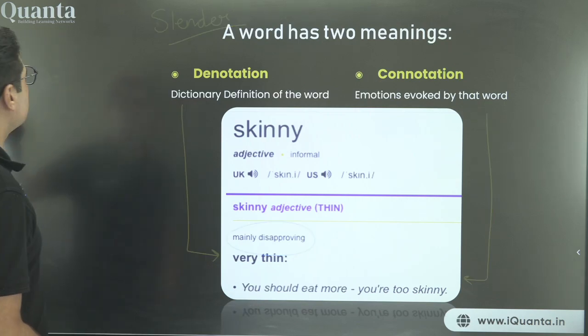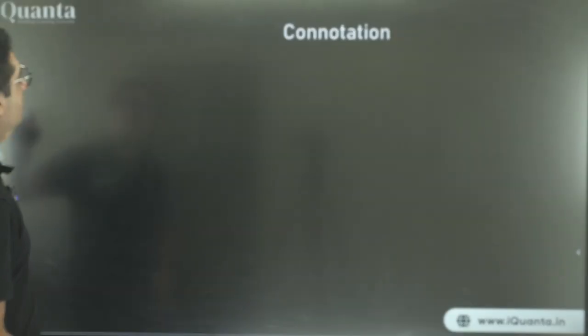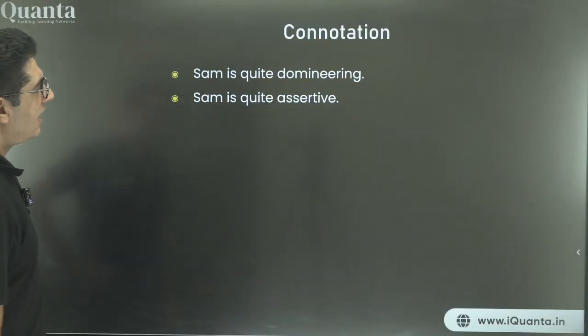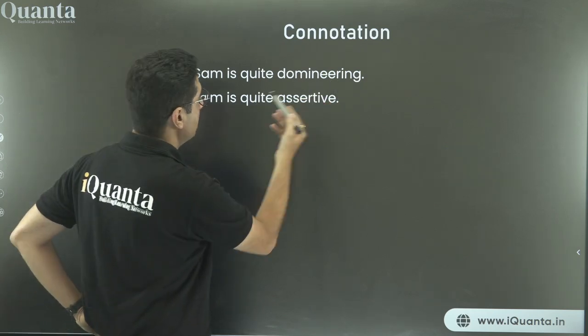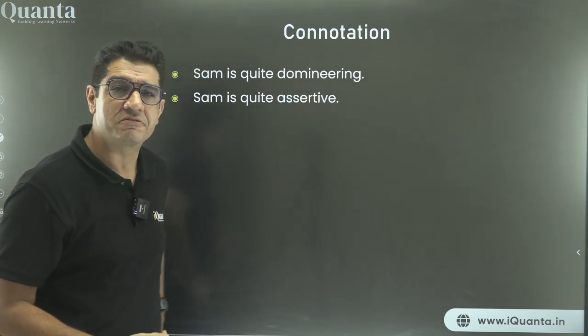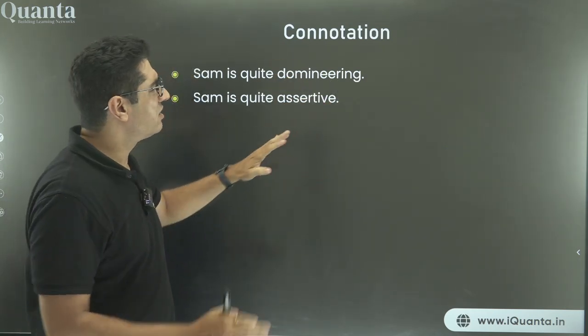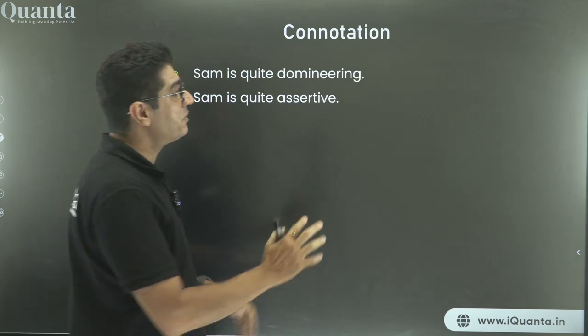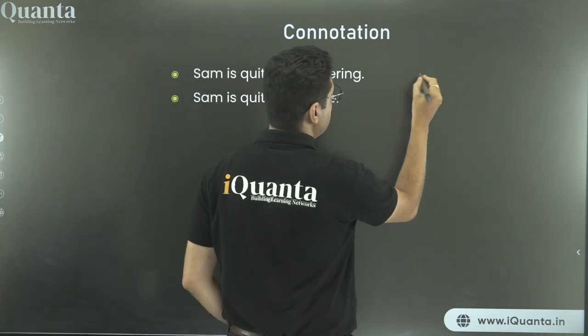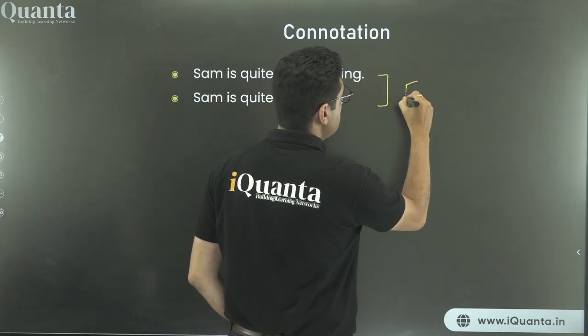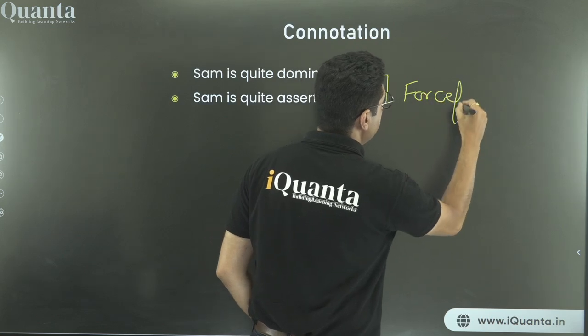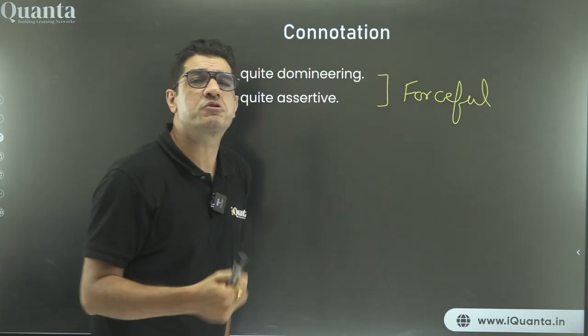Here are some more examples. Look at these two sentences. I can say Sam is quite domineering. I can say Sam is quite assertive. Now, domineering and assertive, both of these words happen to have the same meaning. Both of these words essentially mean that the individual is being forceful.